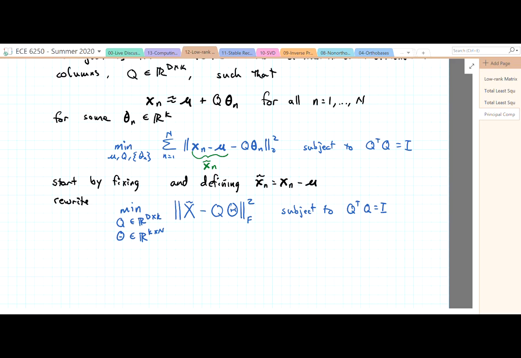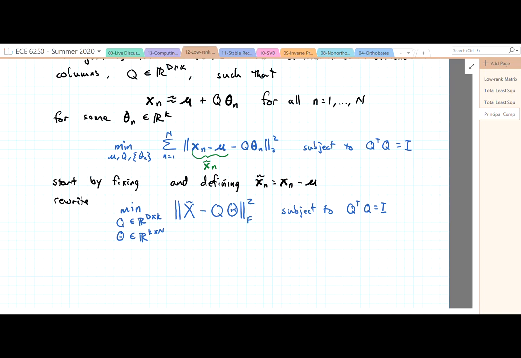So the first expression we looked at there in blue was finding the difference between x tilde and Q times theta n for each column, and then adding up all of them, the sum of all the squares. And the Frobenius norm is doing the same thing.